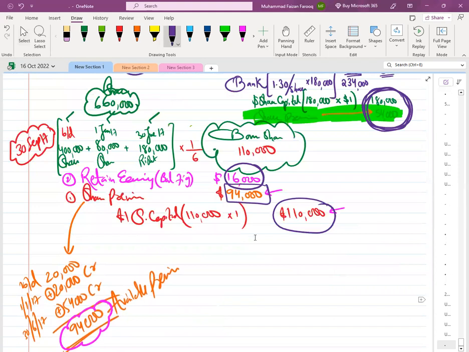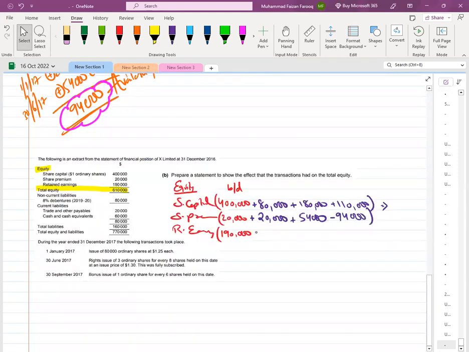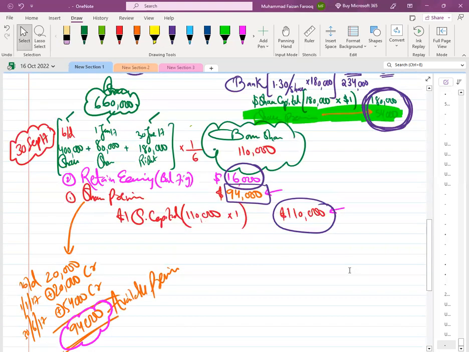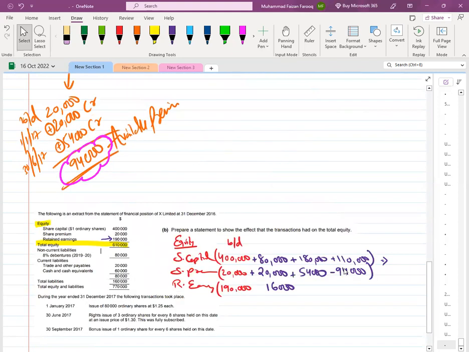Yes. Retain earnings was 190,000 opening, and we made a debit of 16,000. Correct or wrong? Retain earning is also part of equity, na? If it is debited, it means it's decreased, right or wrong?